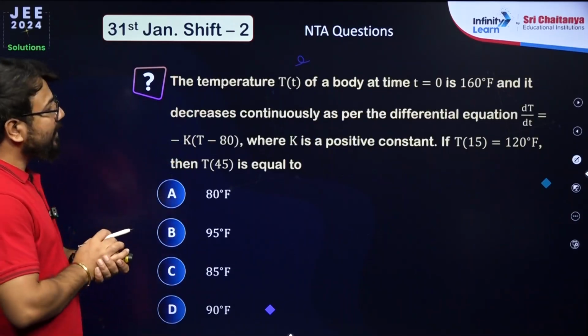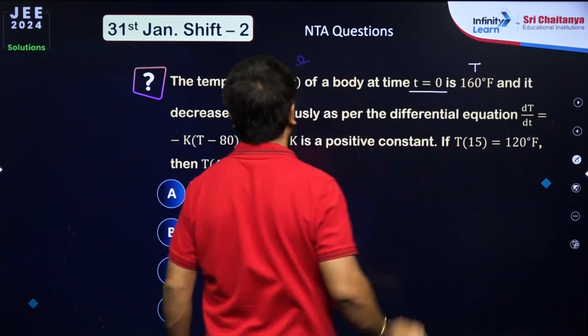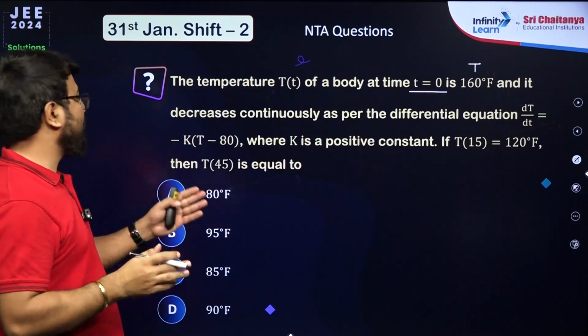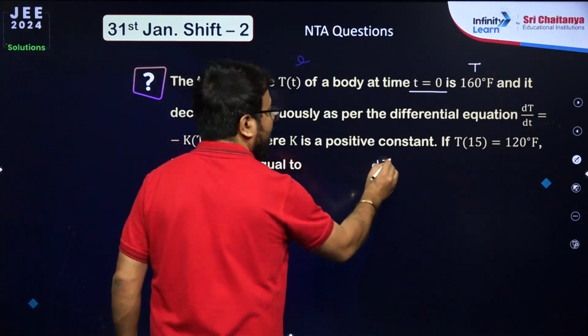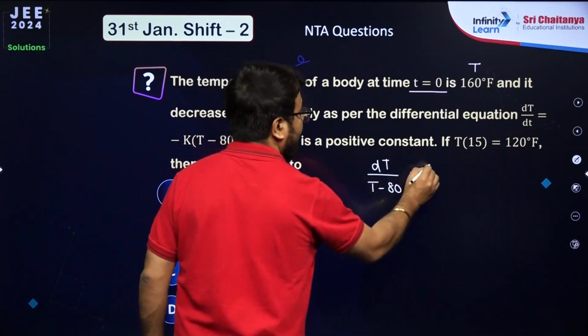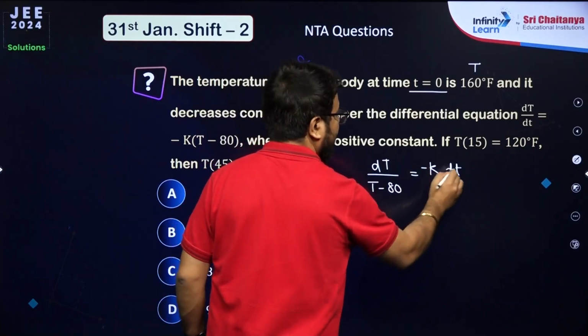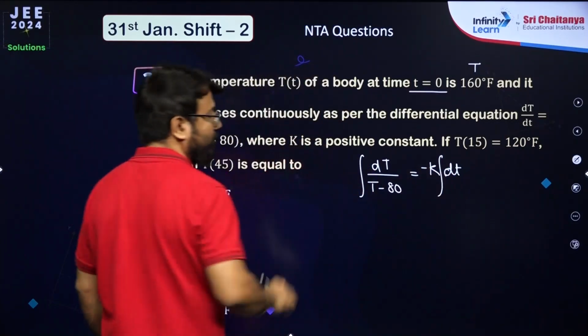The temperature: when t equals 0, at that time capital T is 160, and it decreases continuously as per the differential equation. In this differential equation, I bring this T minus 80 over here, and here it will be negative K into dt, and I integrate both sides.